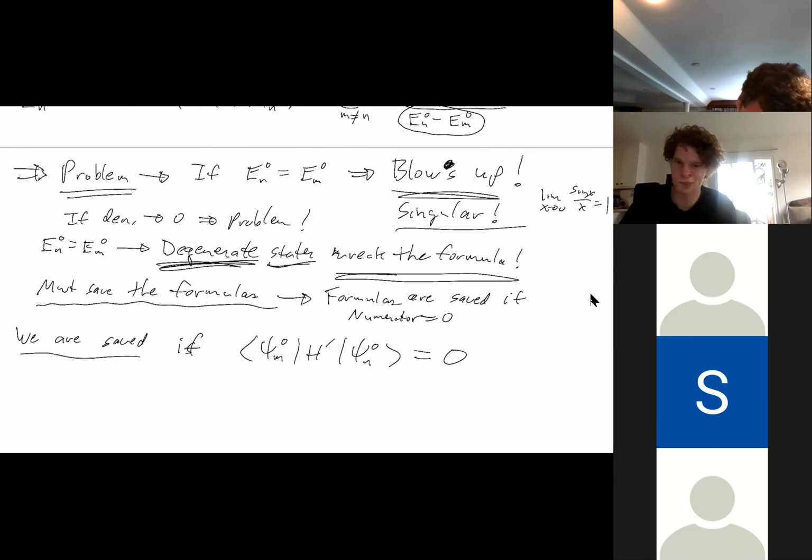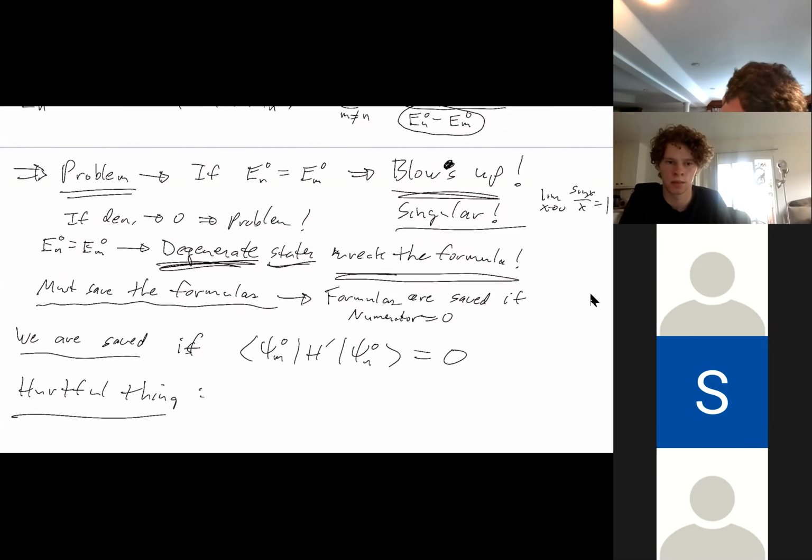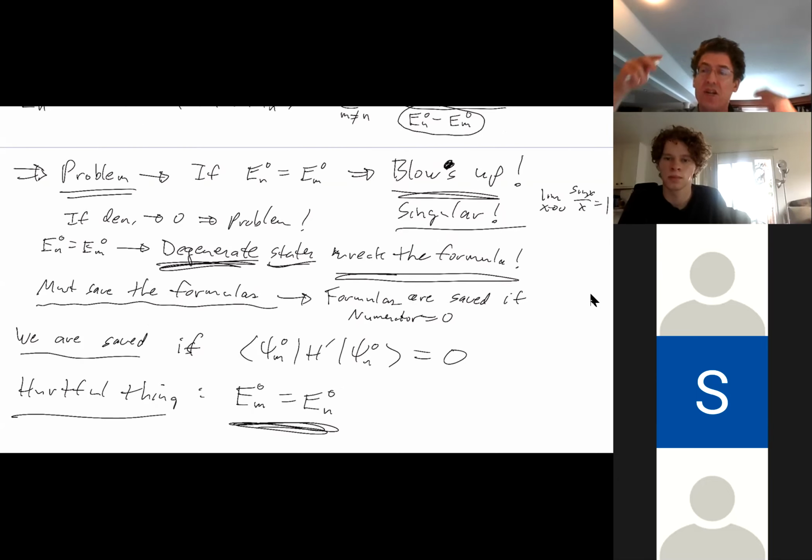The thing that hurts us is if E m naught equals E n naught, because then the denominator goes to 0. But we are saved if the numerator also goes to 0. So one thing hurts us, the other thing saves us.